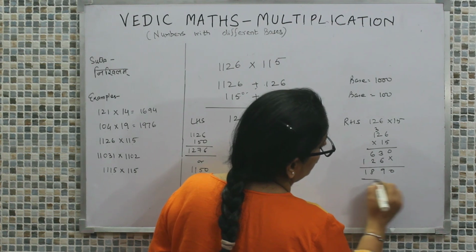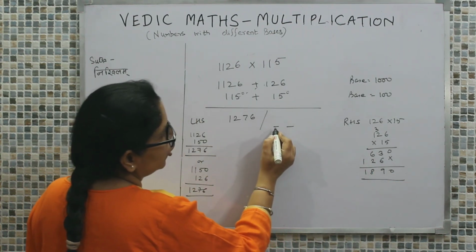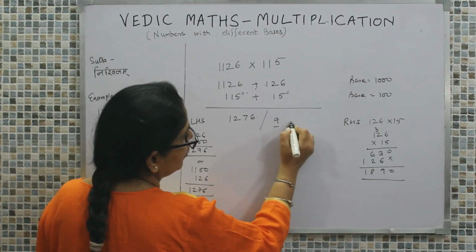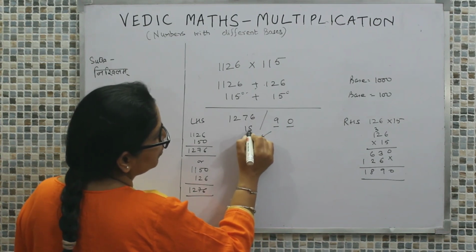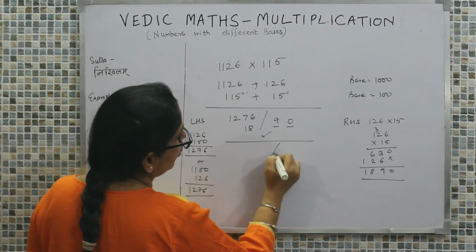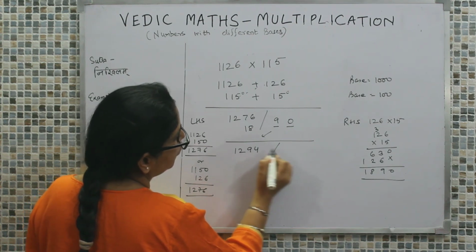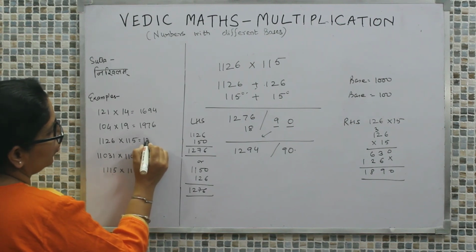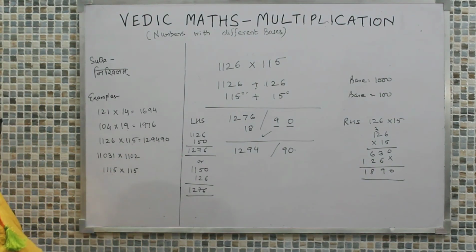We have the value of 1890. Now out of 1890, 2 places have to be left for the RHS. So here we need to write 90 and the overflow value would be 18. So the answer will be 129490. So this is the answer, 129490.